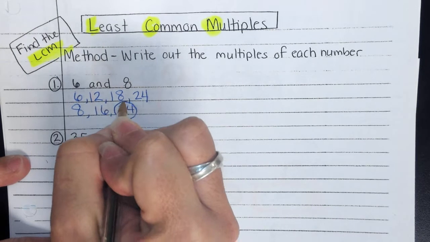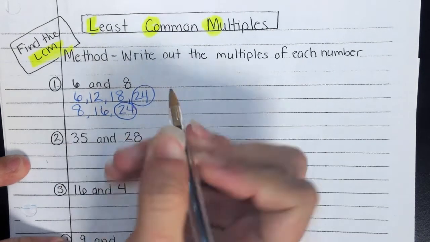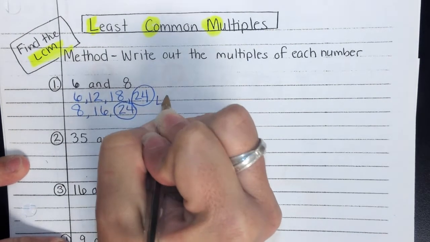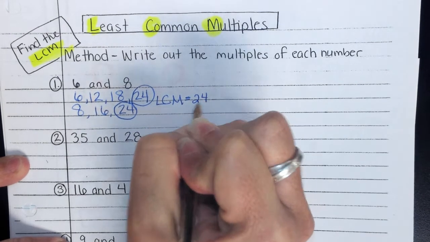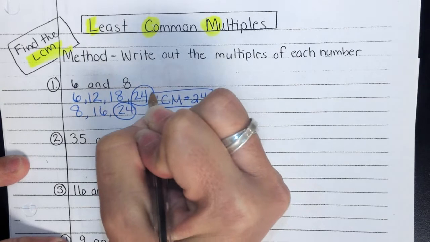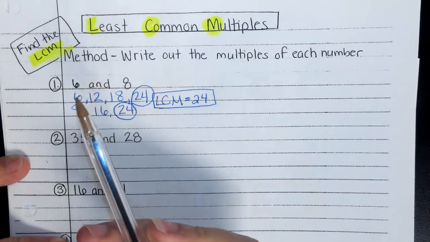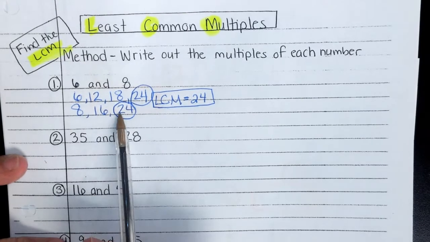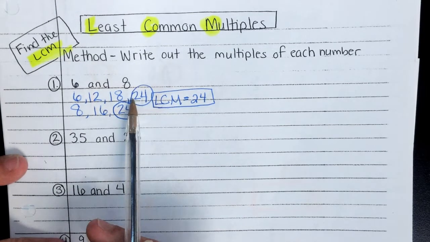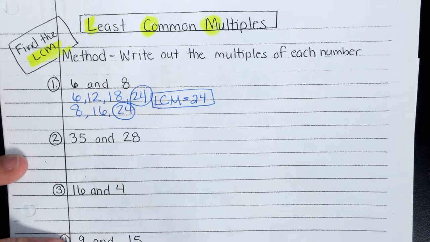There's the match. You want the lowest one that they have in common. That is it. It is very easy. I go up a little bit on one, go up a little bit on the other, till I find one that matches.